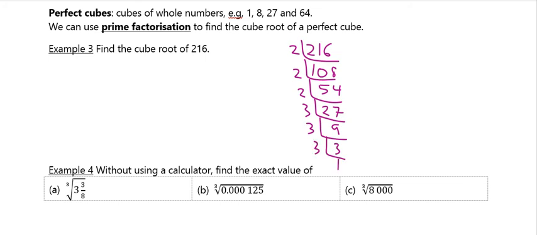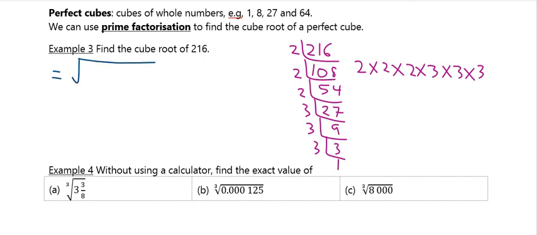So here you can express this as 2 times 2 times 2 times 3 times 3 times 3. So the cube root of 216 is, okay, express this in index form, 2 power 3, don't forget the 3, 2 power 3 times 3 power 3.